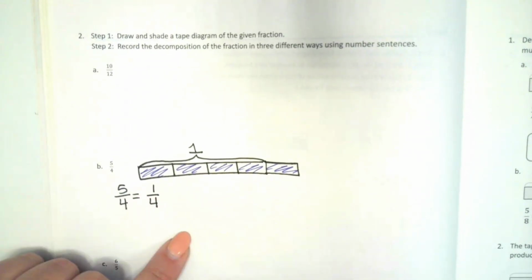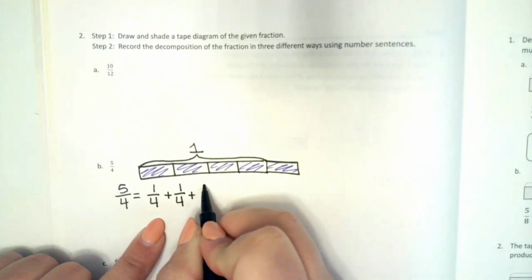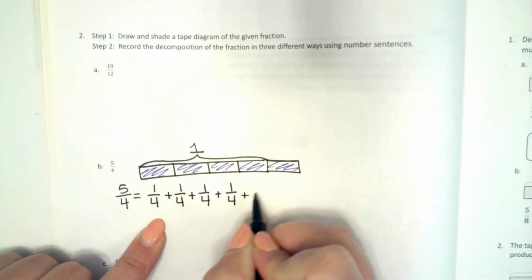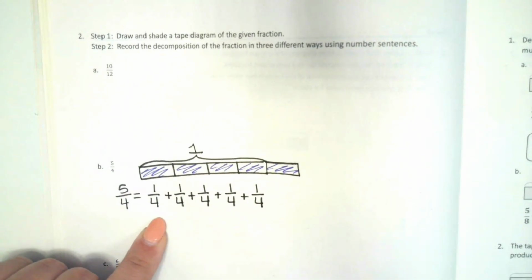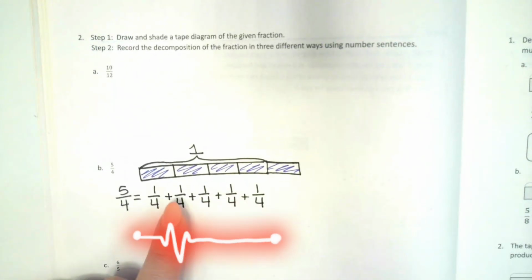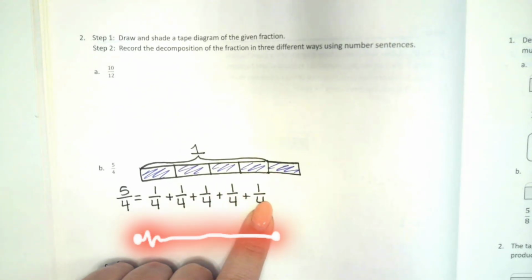See if you can do it. Did you add 5 of them? That would be 1/4, 2/4, 3/4, 4/4, 5/4.